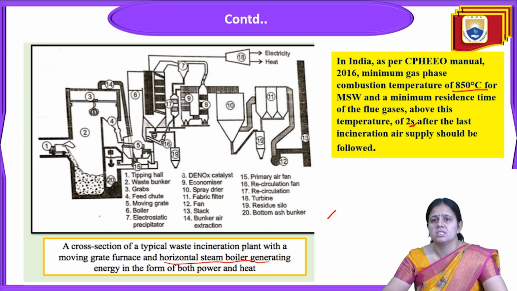You can see this cross-sectional picture of a waste incinerator plant with a moving grate and a horizontal steam boiler, generating energy in the form of both power and heat.